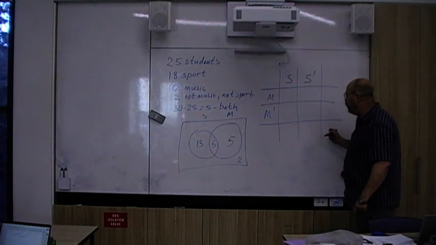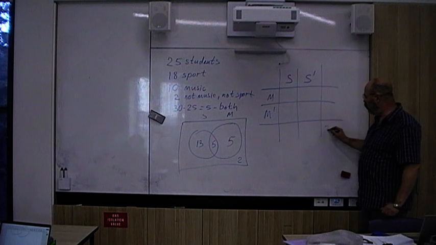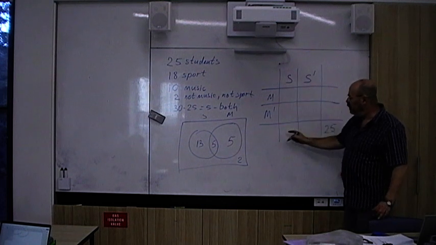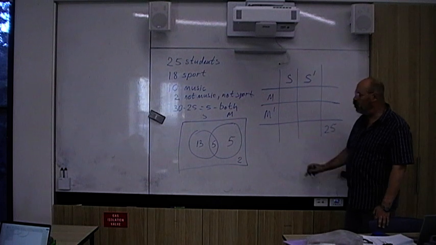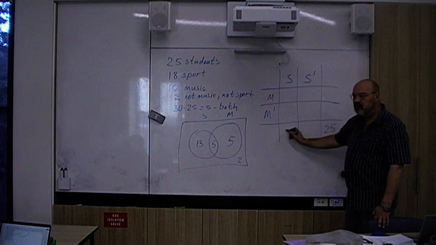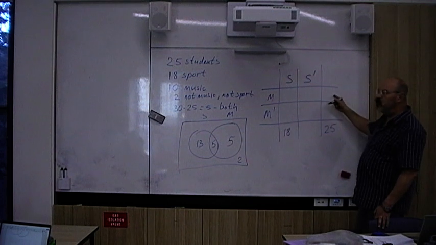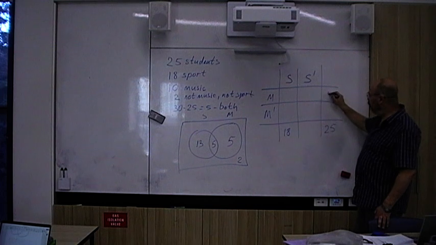And here will be the total. In total we have 25 students. How many do sport? In total, 18. How many do music? 10.